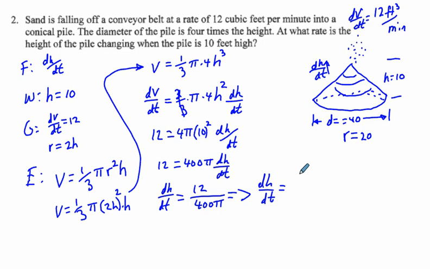We're going to get in the numerator 3, in the denominator 100 pi, and this is going to be in feet per minute, right? Because cubic feet per minute, feet per minute. And this is going to be our answer here.